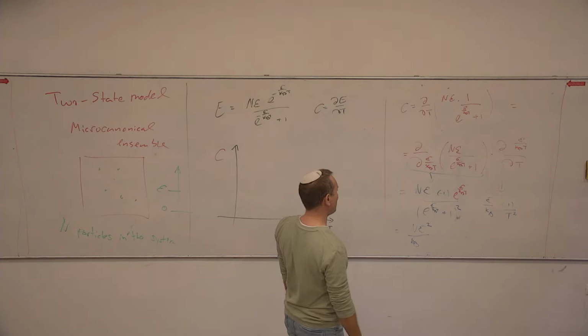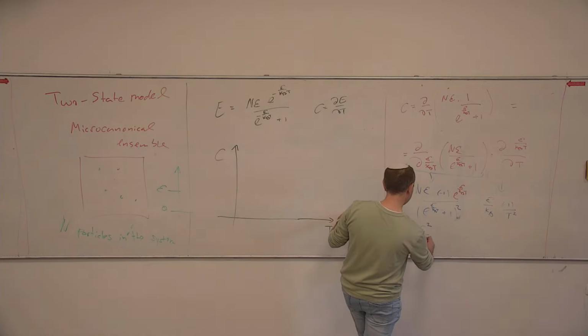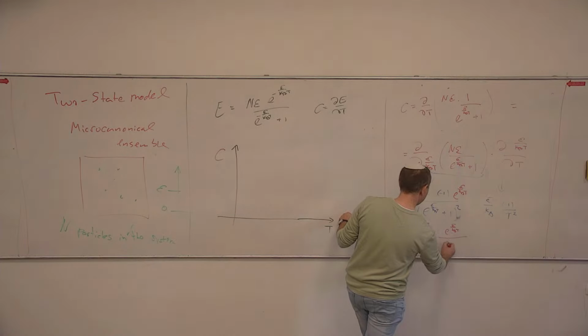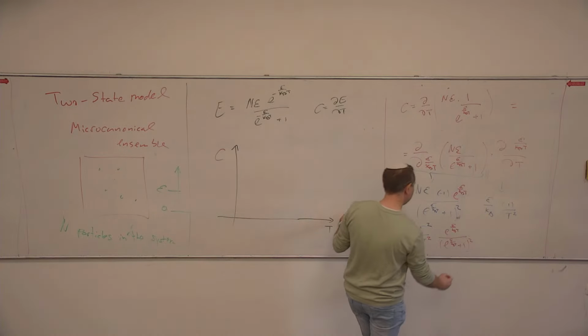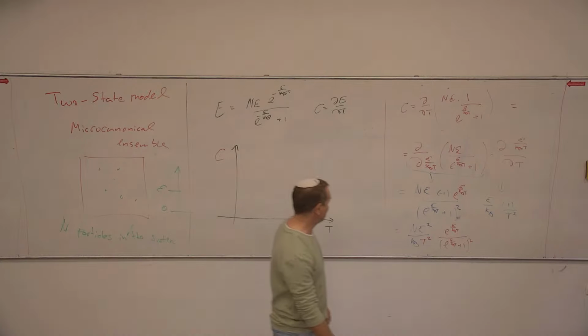So what we have is n epsilon squared over k Boltzmann t squared, and here we have e to the power epsilon divided by k Boltzmann t, divided by e to the epsilon over k Boltzmann t plus 1 squared. Okay, so this is our expression.